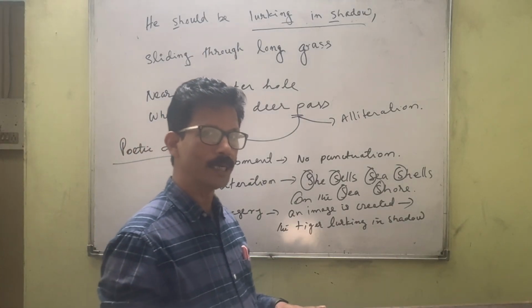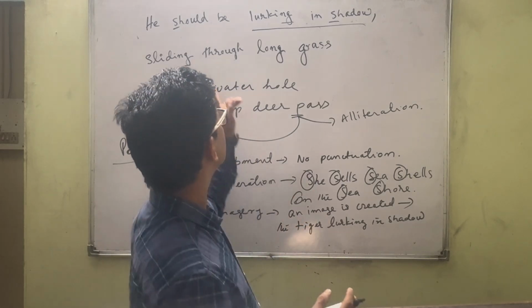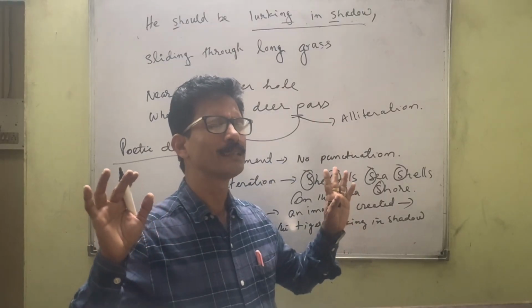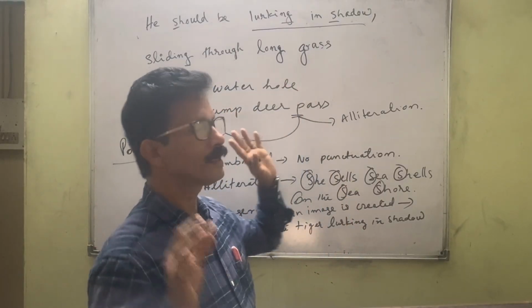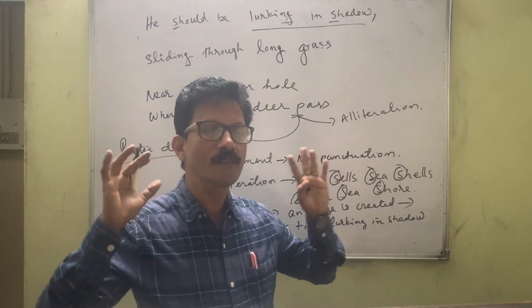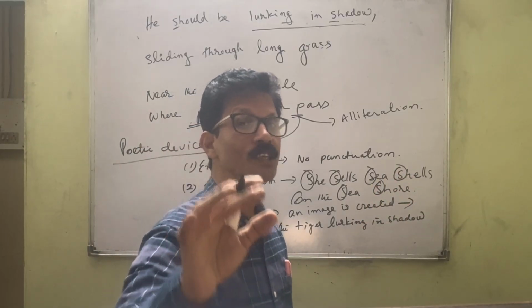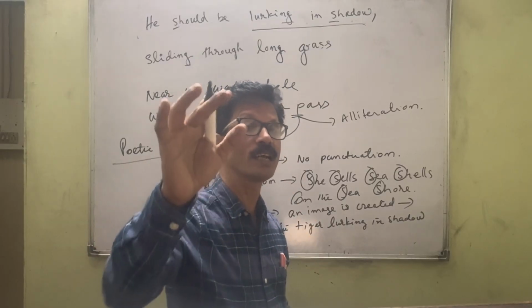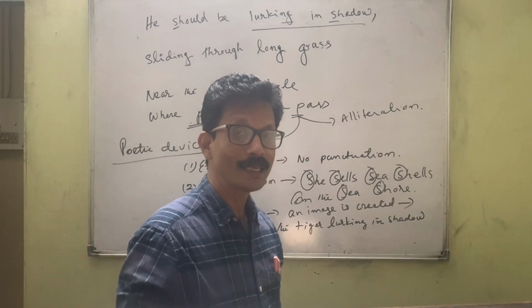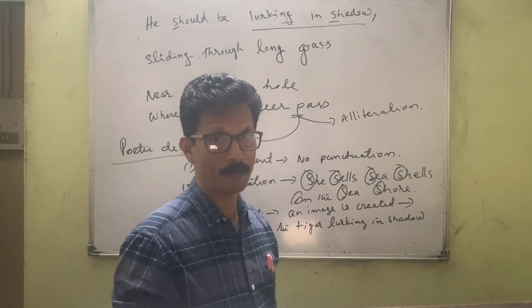Is a picture coming to your mind? Yes, it is coming to my mind. He should be lurking in shadow. When I read this line, the poet is creating a picture in words. A picture of a tiger lurking in shadow is conveyed. That is another poetic device. Understand my point?